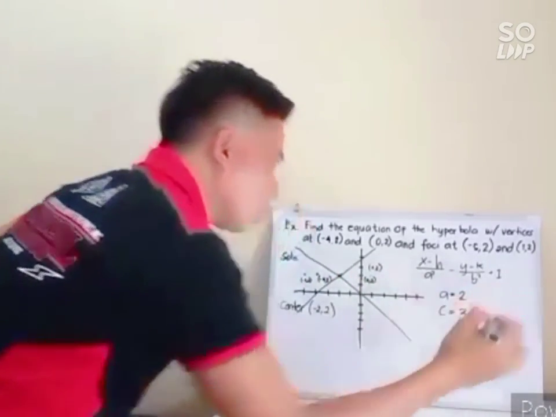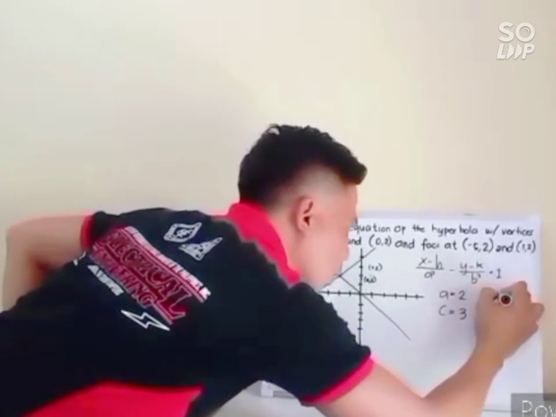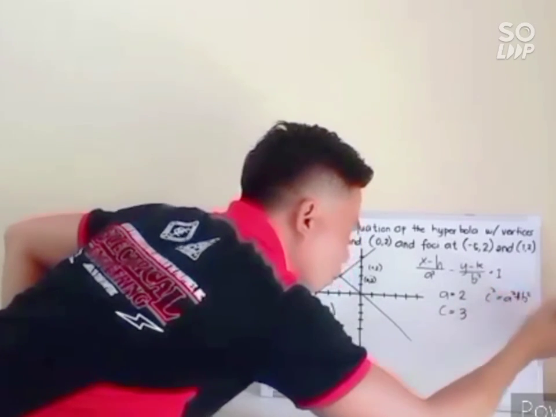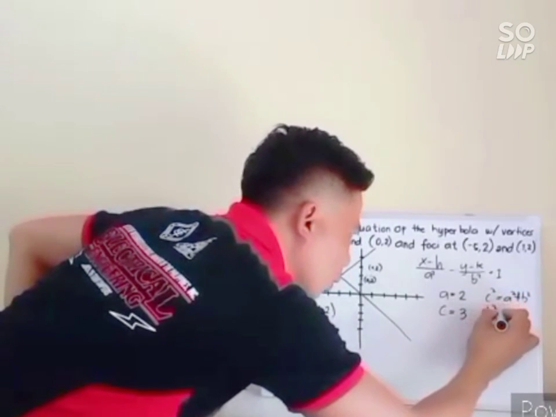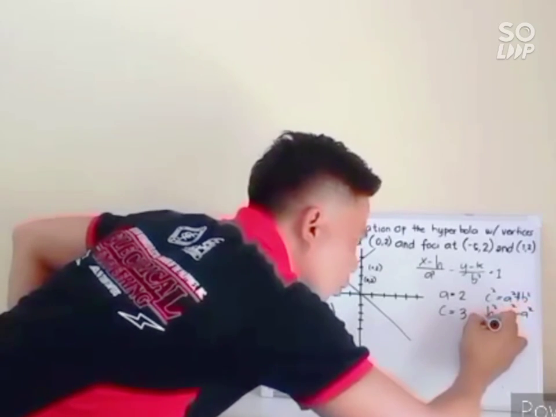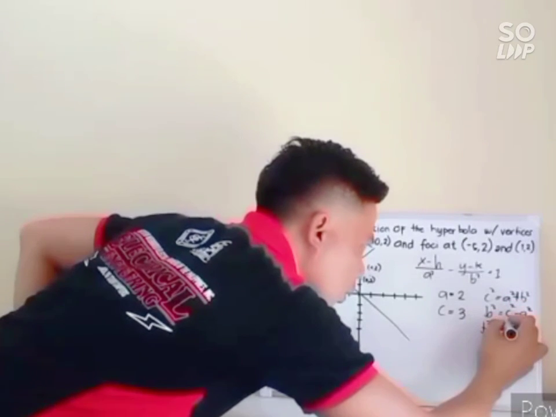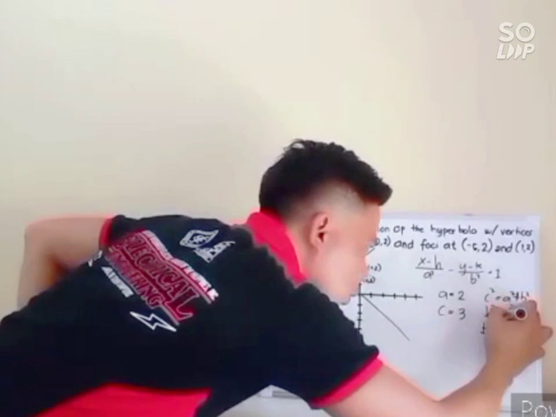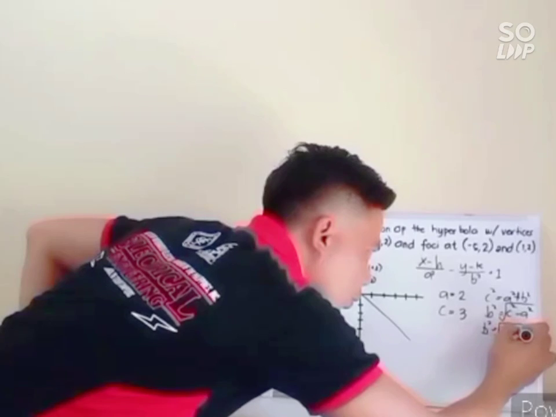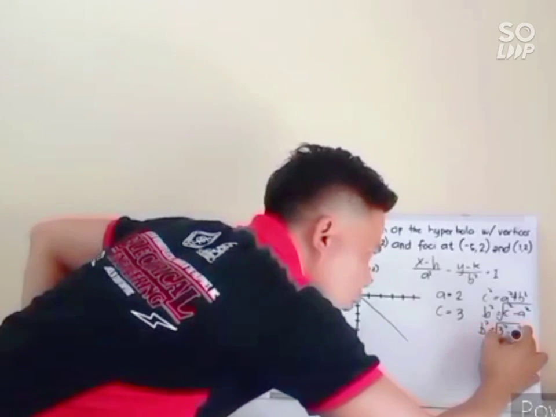So by using the formula, c squared equals a squared plus b squared, our b squared equals c squared minus a squared. Oh, sorry, b is the square root of 3 squared minus 2 squared. So our b is the square root of 5.